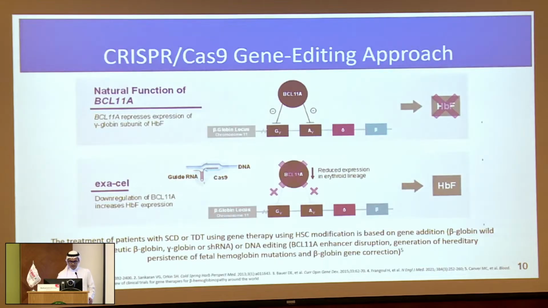And as illustrated earlier, the CRISPR-Cas9 gene editing approach in XSL is just to target BCL11A and knock out its function, in other words, remove the repression pathway, and then hemoglobin F will be raised.